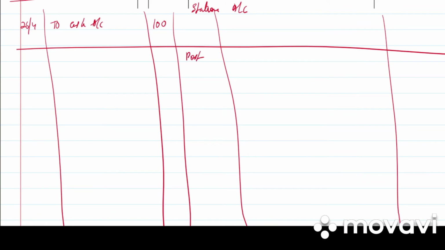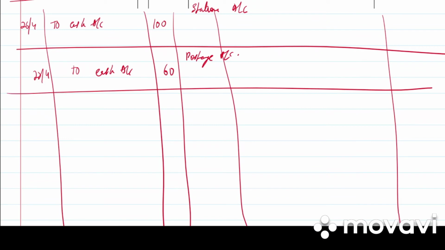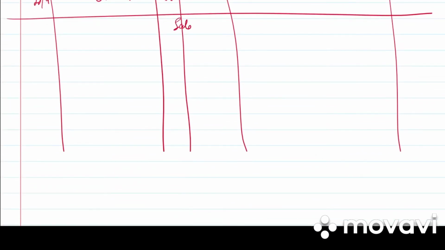Then we have postage account. 27th April, to cash account 60. Then we have salary account, 28th April, to cash account 2,500.